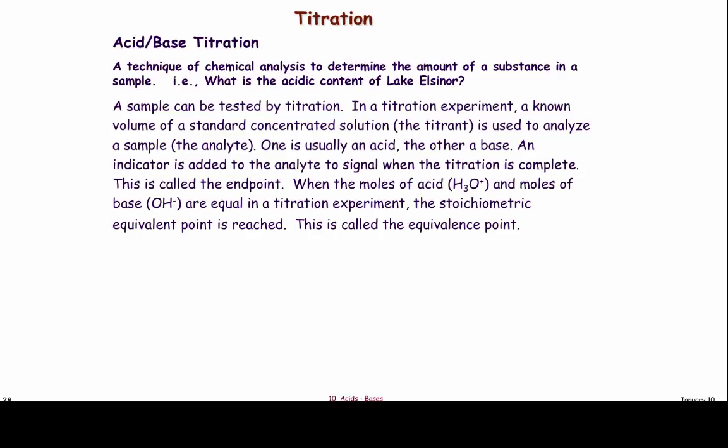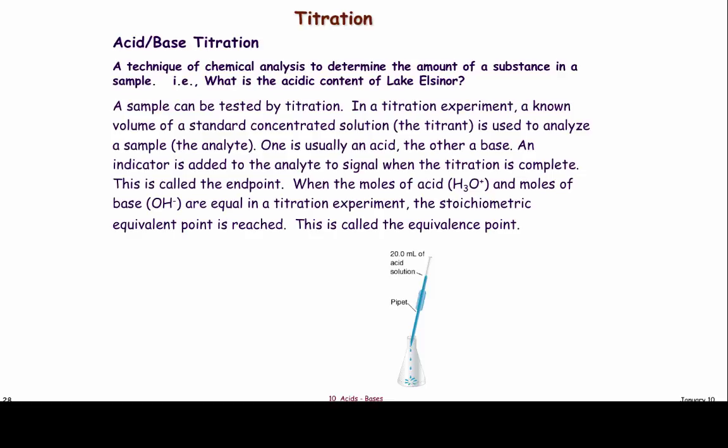We're now going to shift gears to titration. Titration is a technique by which you can determine the acid content of a solution by treating it with a known concentration of acid or base.